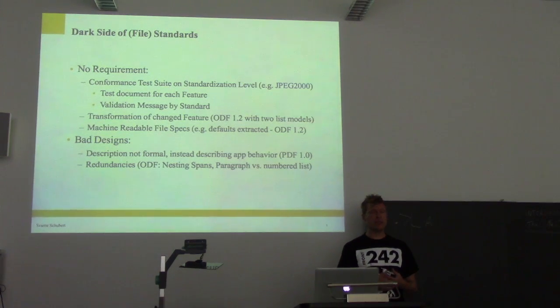Another thing is redundancy. We had this discussion earlier. For instance, spans can be nested, so you cannot do XML comparisons or text comparisons, and sometimes there's a lot of boilerplate in there.